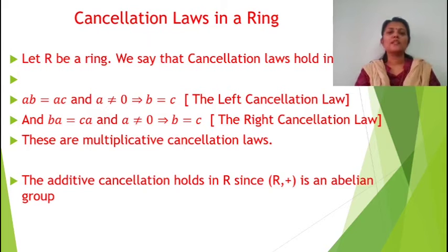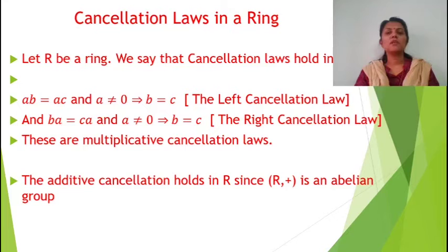Now we have the cancellation laws in a ring. We know that in a group there is only one operation, and the cancellation law there is: if ab equal to ac and a not equal to 0, then b equal to c, that is the left cancellation law; and if ba equal to ca and a not equal to 0, then b equal to c, the right cancellation law.